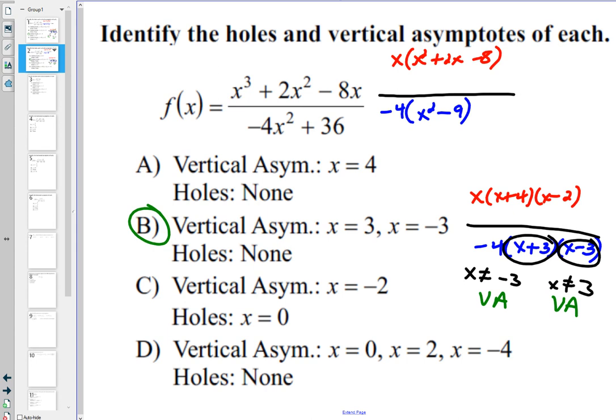When would it cross the x-axis? First at 0, then at negative 4, and then at 2. Those are x-intercepts. If discontinuities come from the bottom, x-intercepts have to come from the top, and it will come from any factor that survives being canceled.